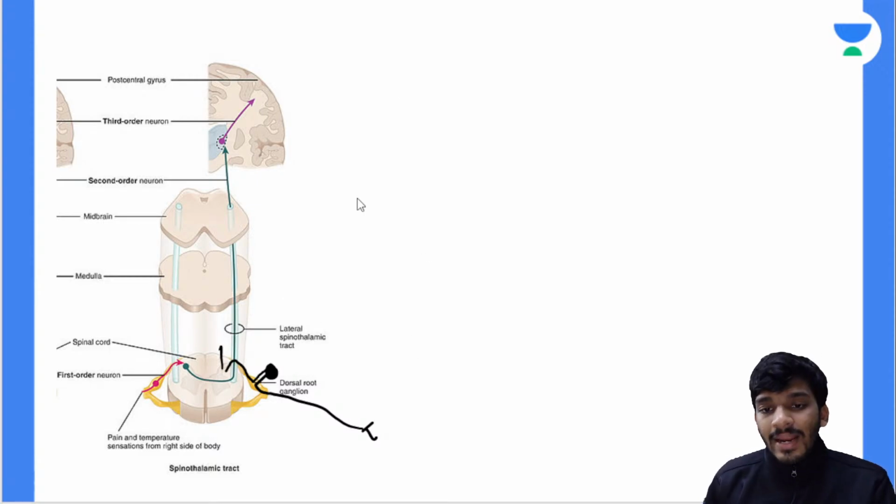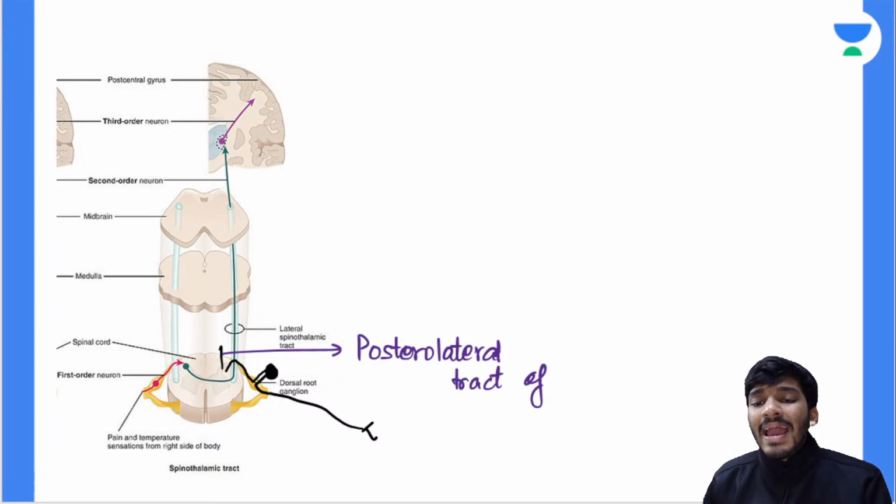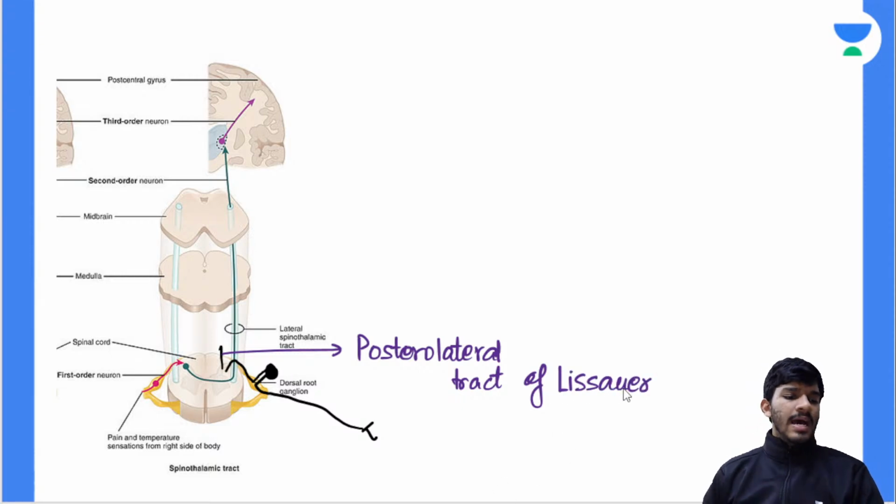Okay, so I'll write here that posterolateral tract of Lissauer, right? So basically what is happening is that, for example, this neuron was going to the level of the spinal segment L1.